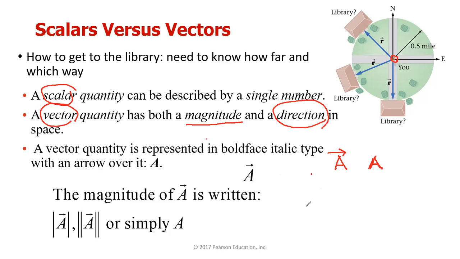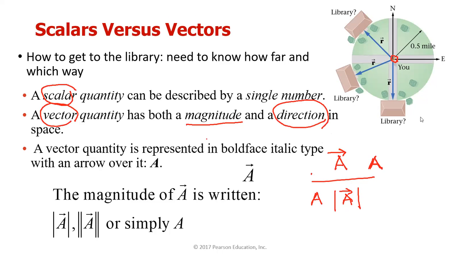Then how do I write a scalar quantity, or the magnitude, or how big that vector is? Just use A, or just use this one. These are two different things, because this one gives you the magnitude, the scalar quantity, and this one is a vector quantity.